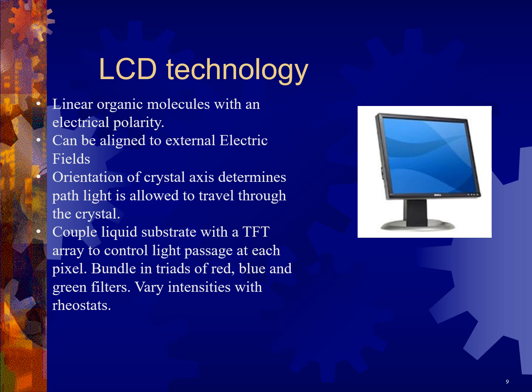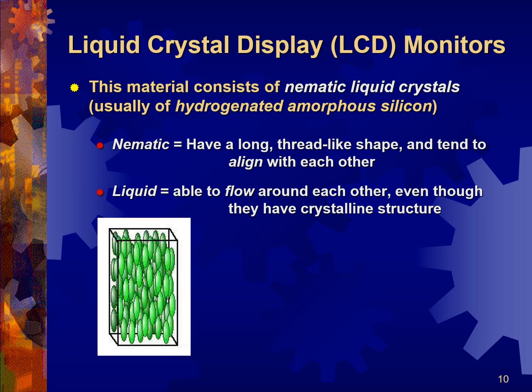Does the goo allow it? Okay, it travels through the front where it hits the color filter, and then it only broadcasts the color of the color filter. Okay, so we can get a red pixel, a blue pixel, and a green pixel. Okay, so they call it a nematic liquid crystal.